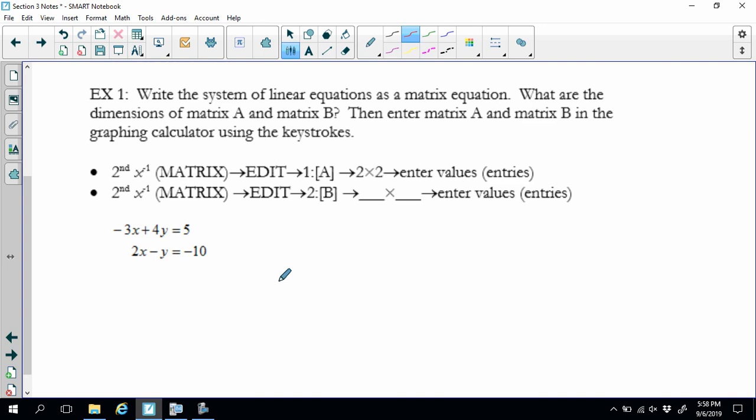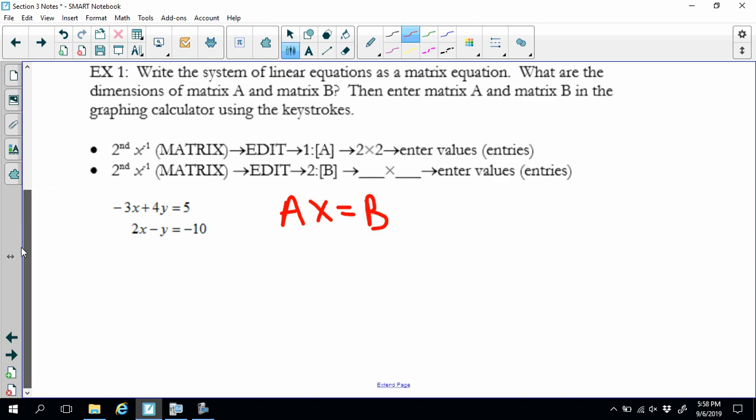Okay, first let's set up our matrix equation. Now remember, we always have AX equals B. So we need to determine our A matrix, the X matrix, and the B matrix. Let's start off with the A matrix. Now the A matrix consists of the coefficients.